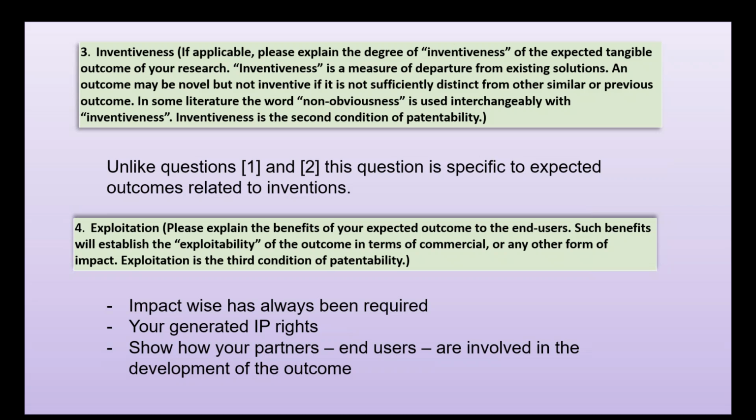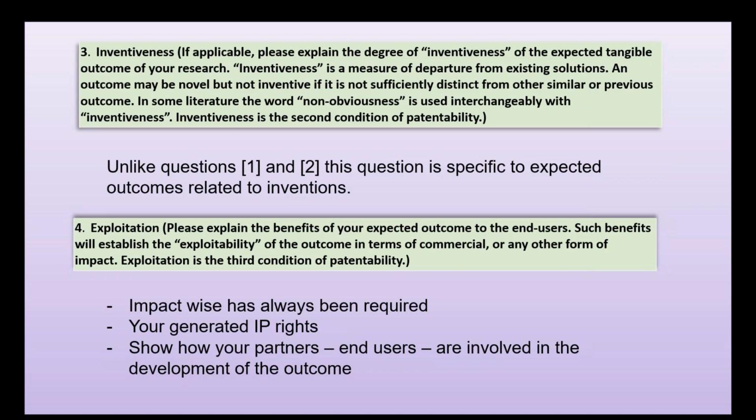So technically speaking, how are you going to show this in this fourth question? If you mention that you have a partner, don't just say, I have a partner, and have your partner, end user or collaborator simply sign a document because QNRF is asking for this. Show in this question that this partner or end user is really involved in the implementation of the expected outcome.